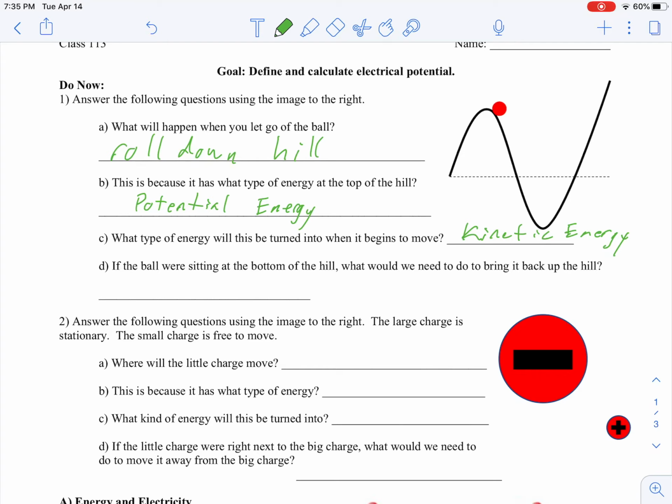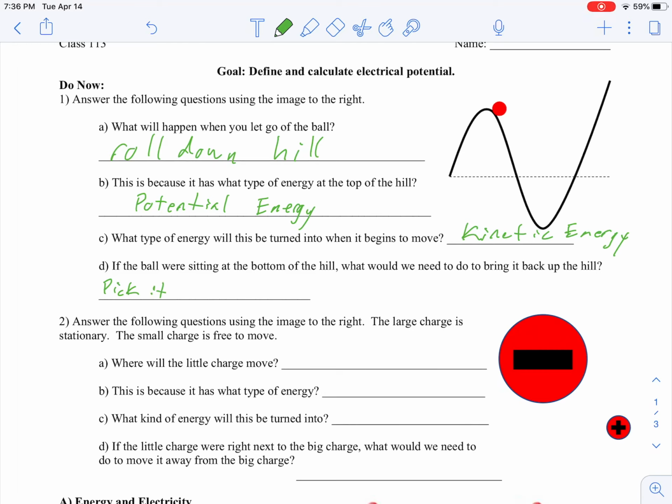And this one's a little bit trickier, but there's a physics word for this. If the ball were sitting at the bottom of the hill, what would we need to do to bring it back up the hill? Now, there's a few ways you could say it.